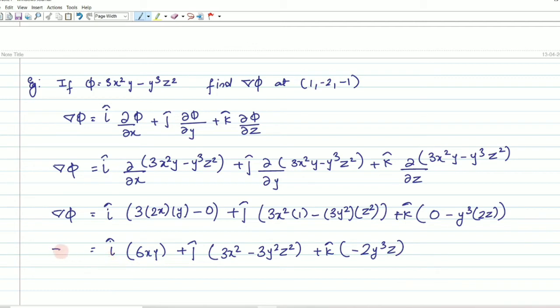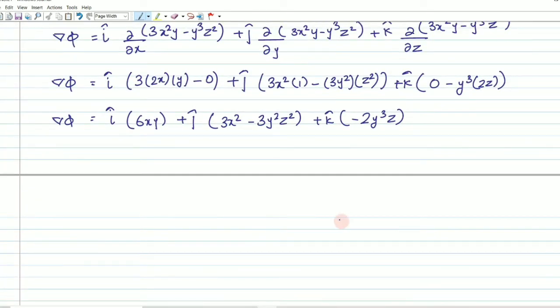Let me check whether we have done the correct partial differentiation or not. First will be i 6xy plus j cap 3x square minus 3y square z square plus k cap minus 2y cube z.